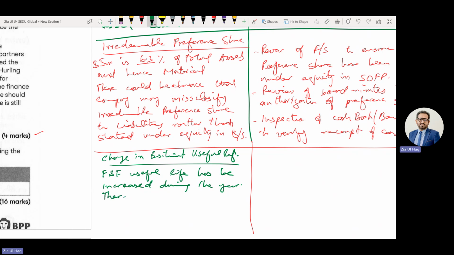There could be chances asset, profit could be overstated and expenses understated.